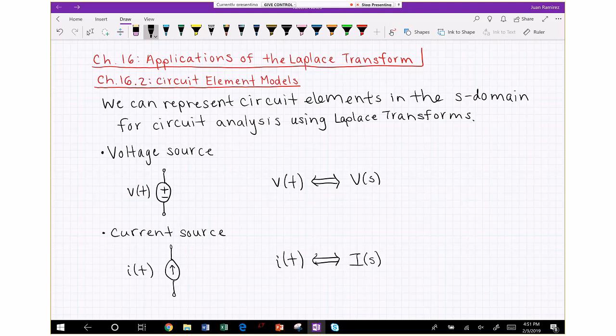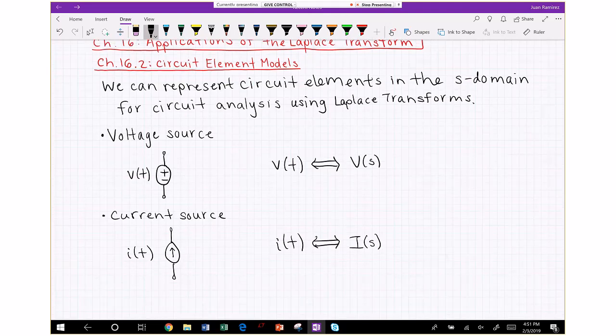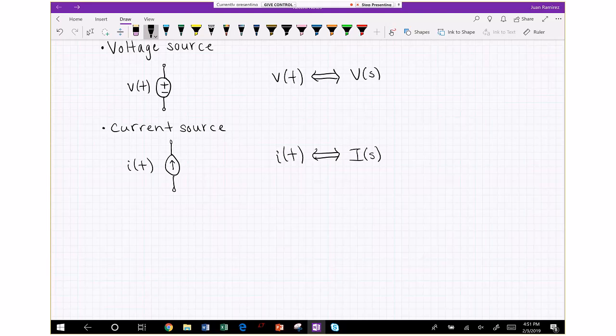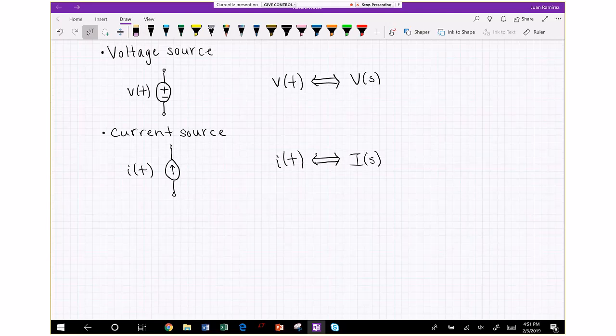So now we start to talk about a different concept called impedance. We talk a lot about impedance when we're looking at AC, alternating current circuits. But we also have to look at impedances for transient circuits that we are planning to analyze using Laplace transforms.